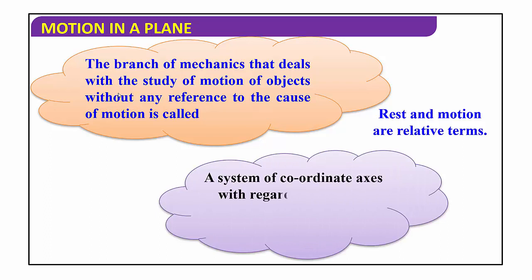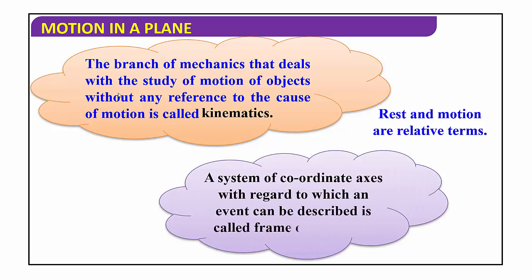Then we have to know what a frame of reference is. Frame of reference is very important to understand the cause of motion. In general, frame of reference means, for example, a vehicle moving with respect to a person sitting on the roadside, or a bridge. If the train is moving, how do you know the train is moving?